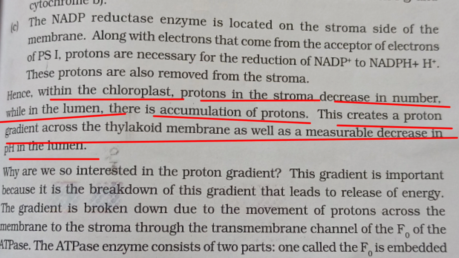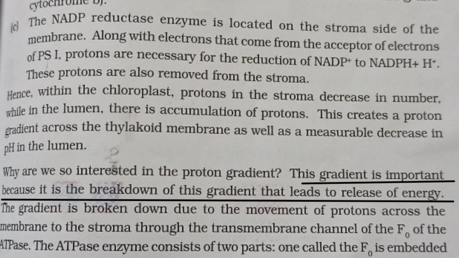Hence, within the chloroplast, protons in the stroma decrease in number, while in the lumen there is an accumulation of protons. This creates a proton gradient across the thylakoid membrane as well as a measurable decrease in pH in the lumen. This gradient is important because it is the breakdown of the gradient that leads to release of energy.